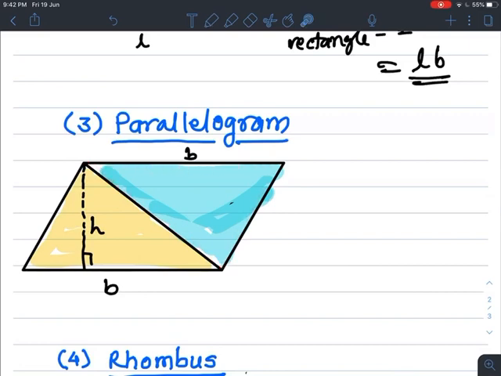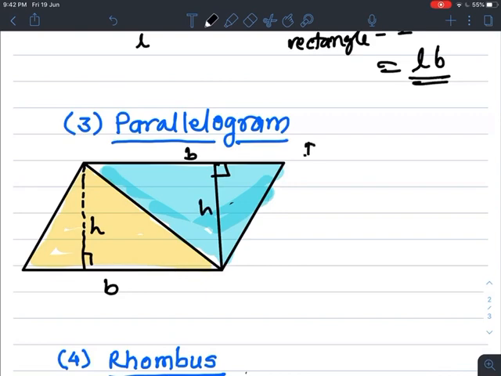For this triangle, the opposite vertex of this side is this one. From this we have to draw a perpendicular on this side. So this is a perpendicular. See, if these are parallel lines, then the distance between the parallel lines is h. This distance is also equal to h. So I can write here this also h.